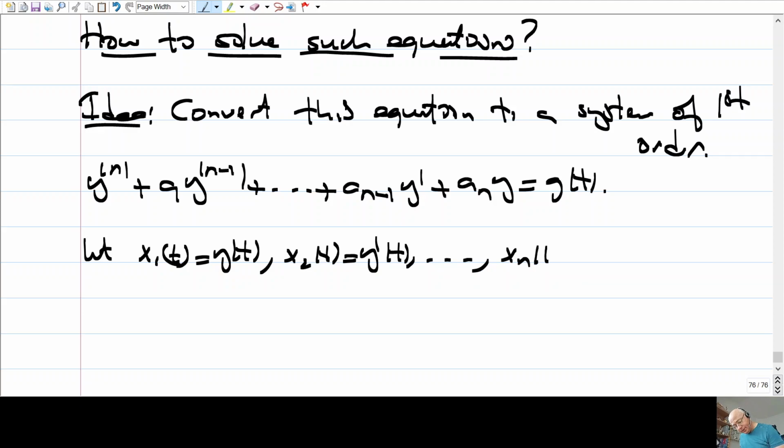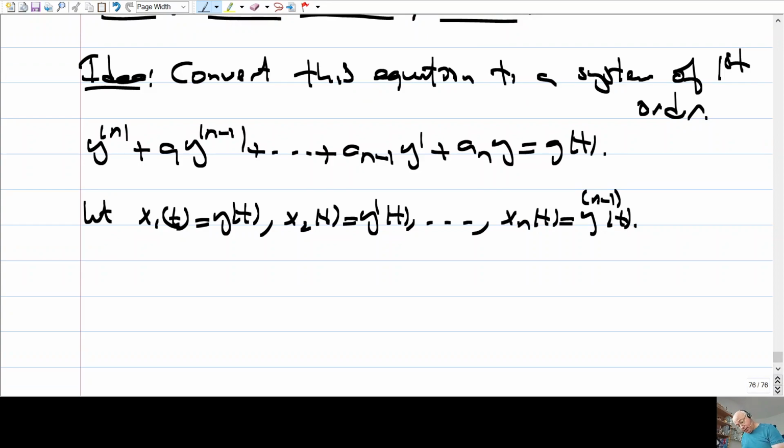So x_n(t) will be the n minus first derivative. So x1 is the zeroth derivative, x2 the first derivative, x_n the n minus first derivative. And let big X(t) be the column matrix of these functions: x1(t) up to x_n(t).